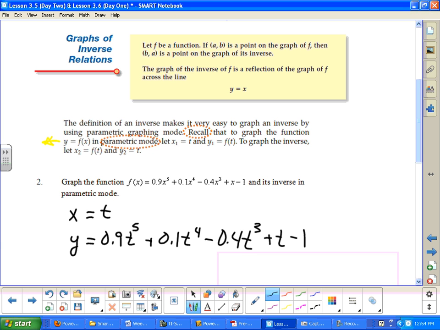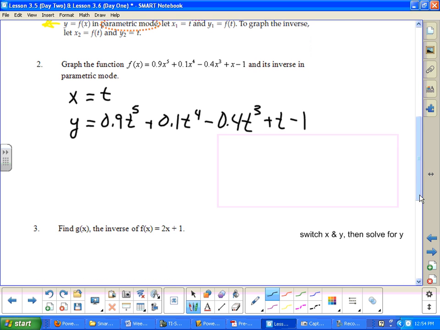There's our function. And to do the inverse, we just switch x and y. So x would be 0.9 t to the fifth plus 0.1 t to the fourth minus 0.4 t cubed plus t minus 1, and y would be t.